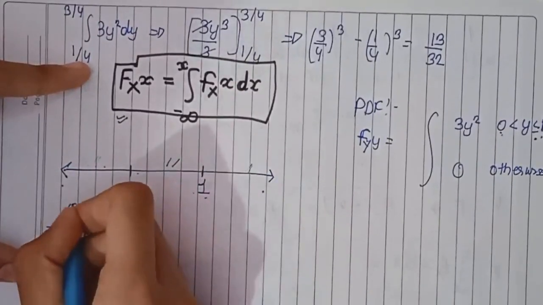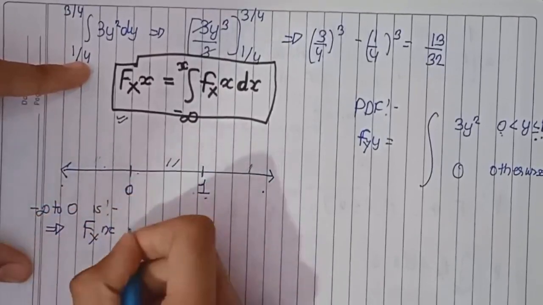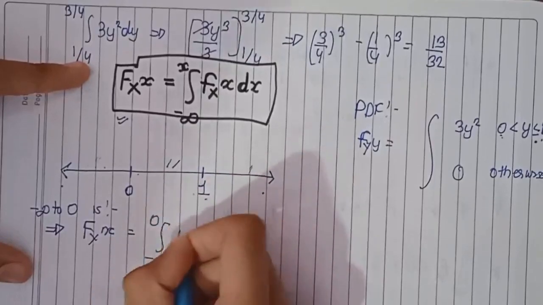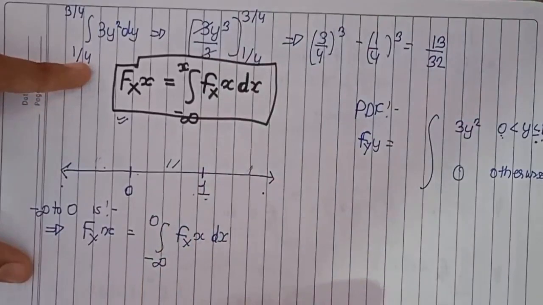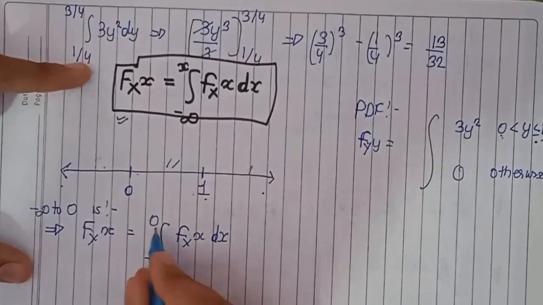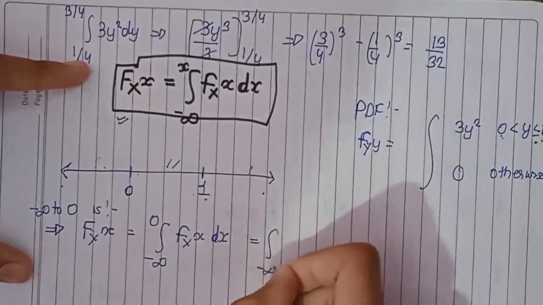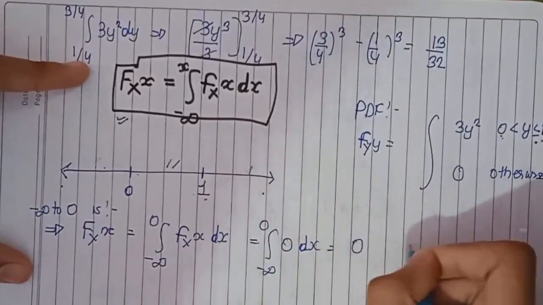CDF in the range minus infinity to 0 is equal to the integration from minus infinity to 0 of the PDF. Now we know that in this range the PDF value is 0. So the integration of 0 will be 0 only.